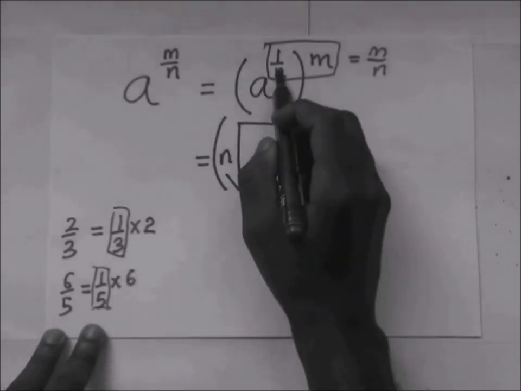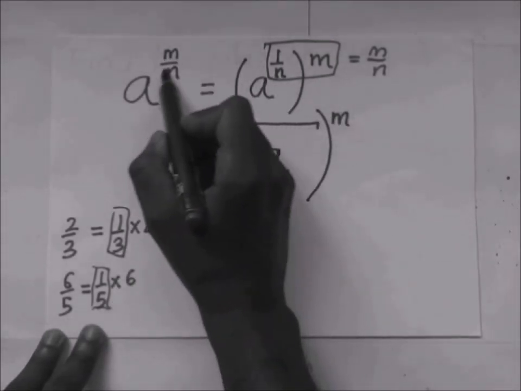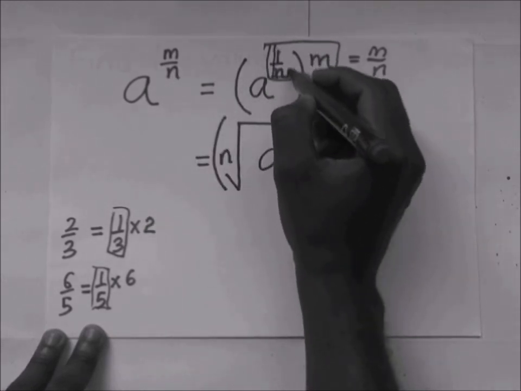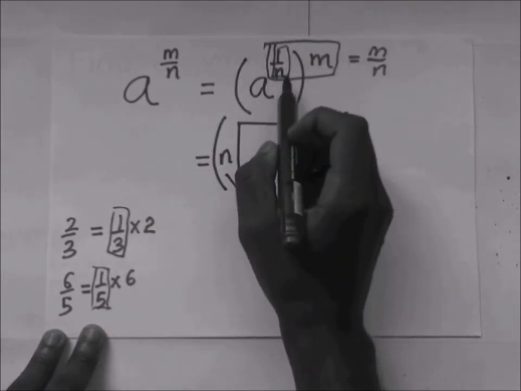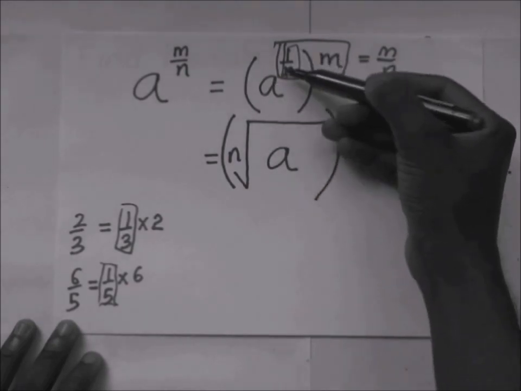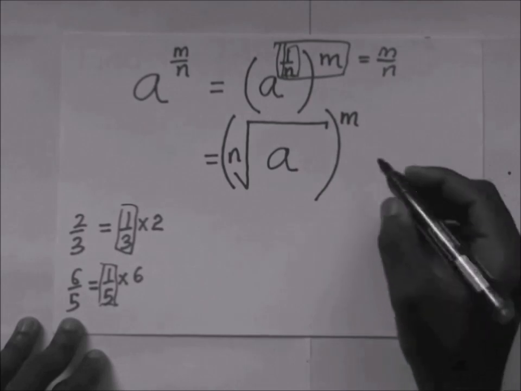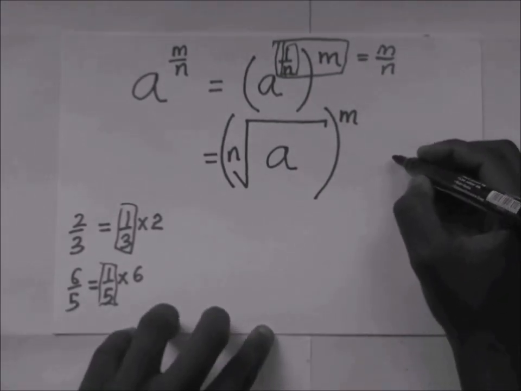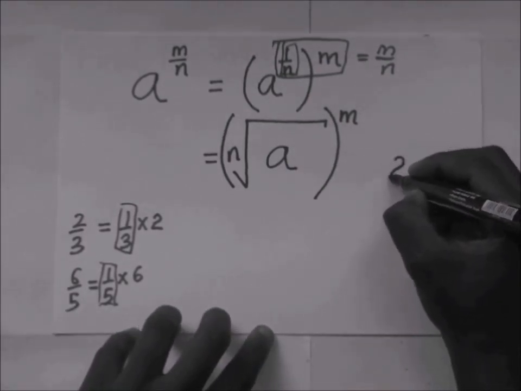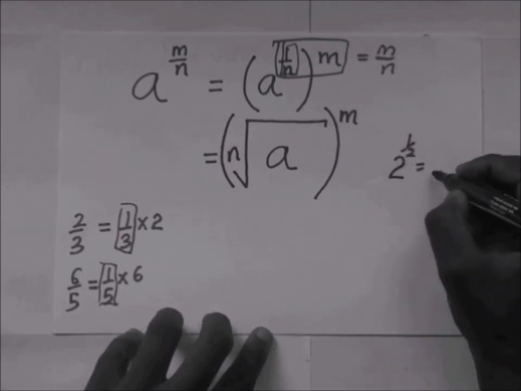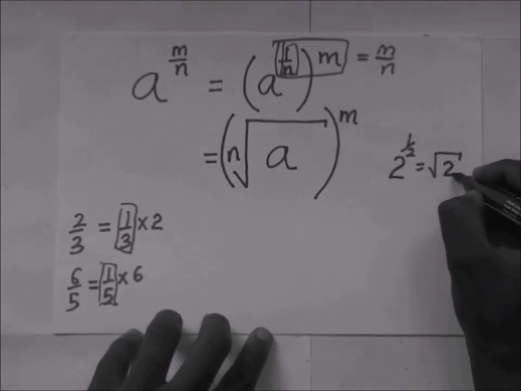And that's what we are doing here. That m over n is the same as 1 over n times m. We are interested in this fraction that has the 1, because any number to the power 1 over n is equivalent to the nth root of that number. For example, 2 to the power a half is the same as the square root of 2.